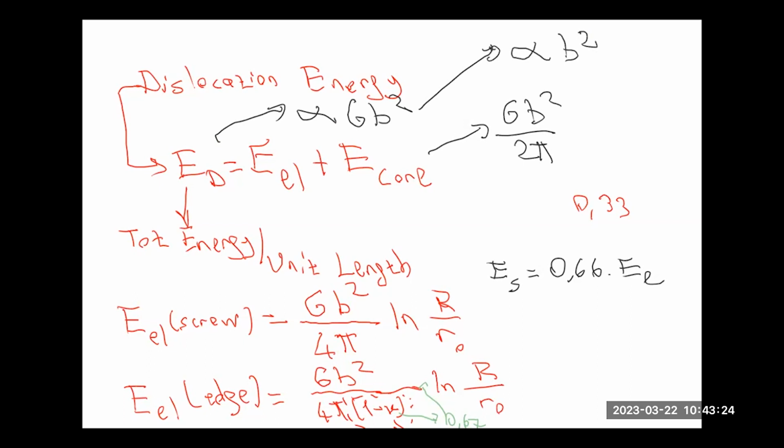So this is very important. We will use this term while examining the dislocations in FCC, BCC, or HCP. Don't forget: the energy of dislocations is proportional to the Burgers vector squared.